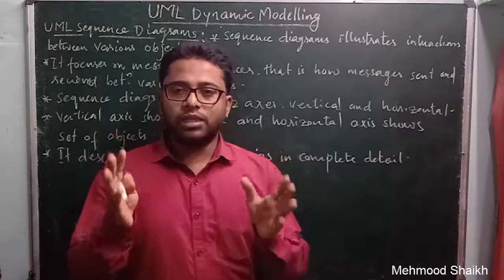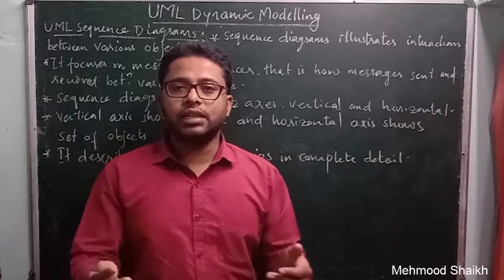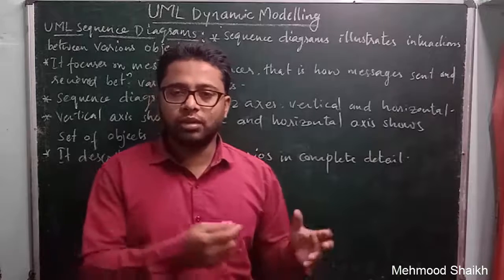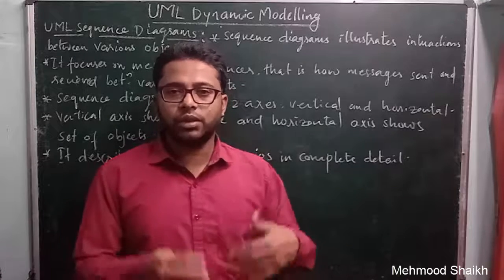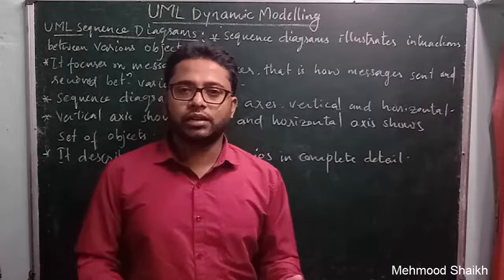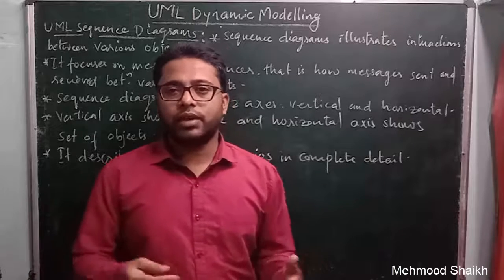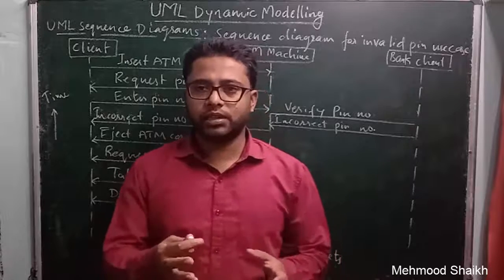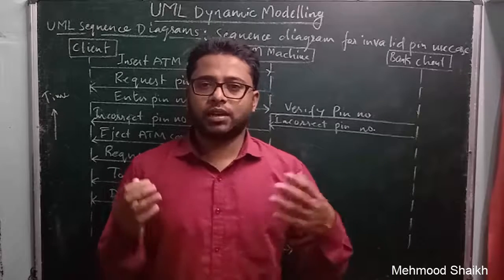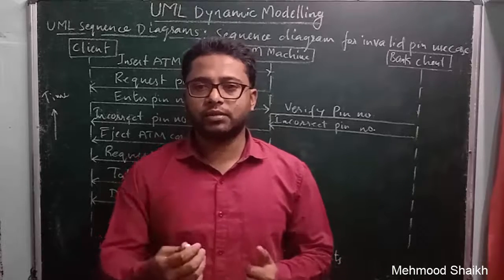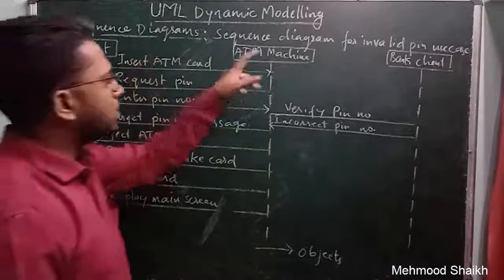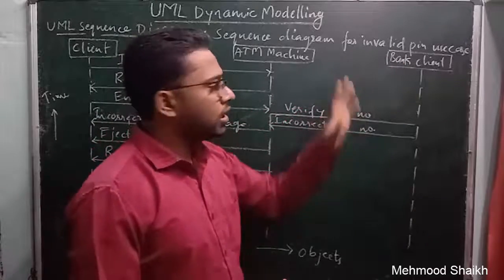All this behavior we can easily understand with the help of sequence diagrams. Now we will try to understand what a sequence diagram is and how it helps us in system development and design with the help of an example. We have discussed the definition and how sequence diagrams are used at the time of analysis and design. Here I have taken an example, and the example is a sequence diagram for the invalid pin use case.